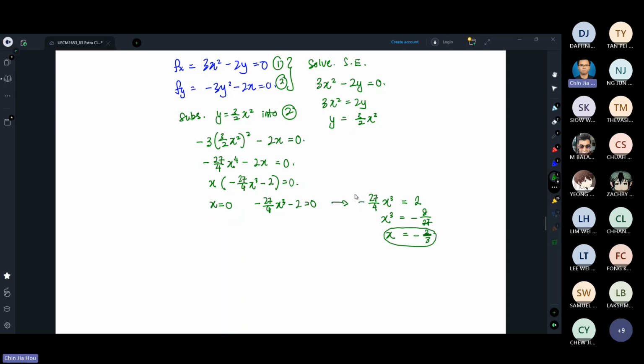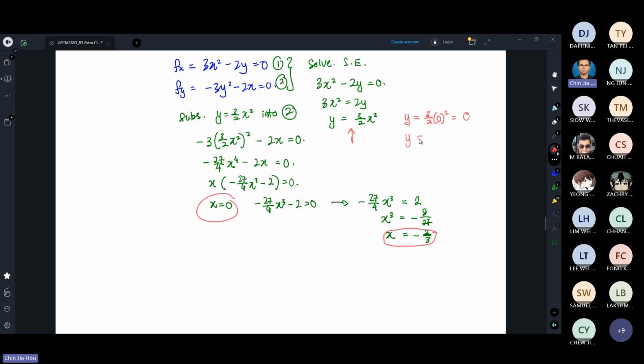I use another color. This and this, plug it back into here so that I can get the corresponding y values. So when x equals 0, my y is 0.